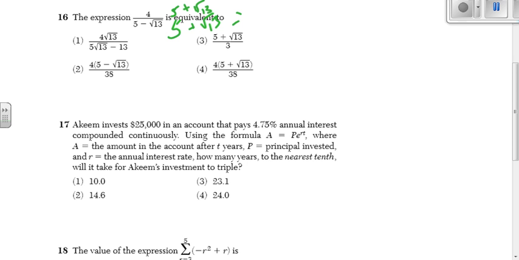Alright, when we multiply that, we end up with 4 times 5 plus radical 13 divided by 25 minus 13. 25 minus 13, and you're going to get 12. 12 is that, so we have 3. So choice 3.